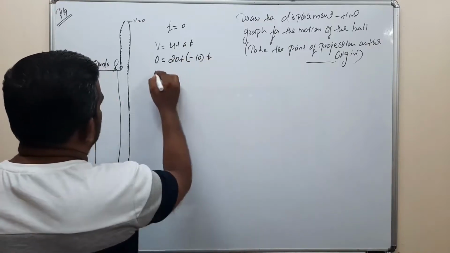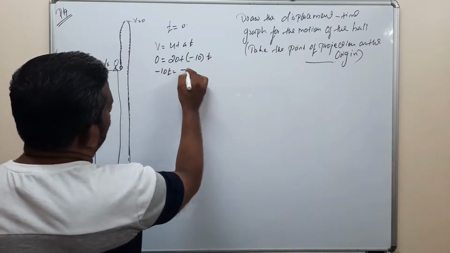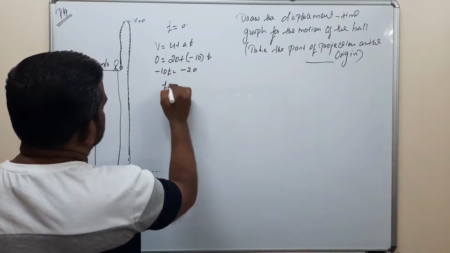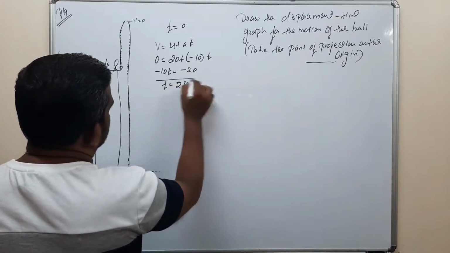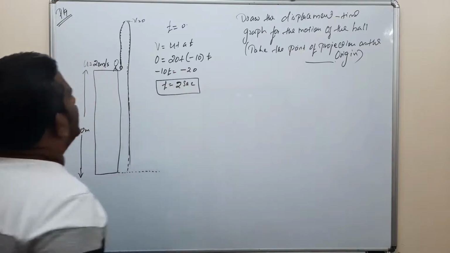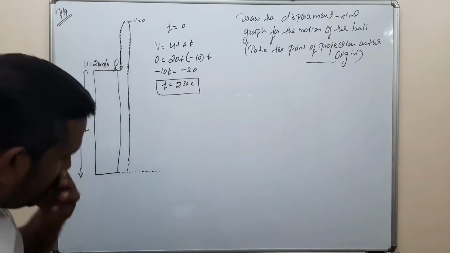So minus 10t is equal to minus 20, so t is equal to 2 seconds. When t is equal to 2 seconds, the ball reaches the maximum height.